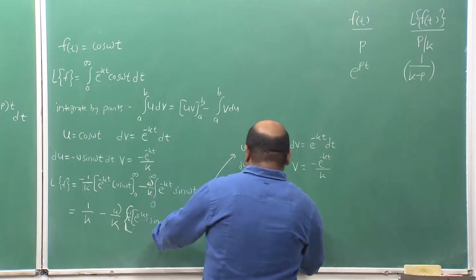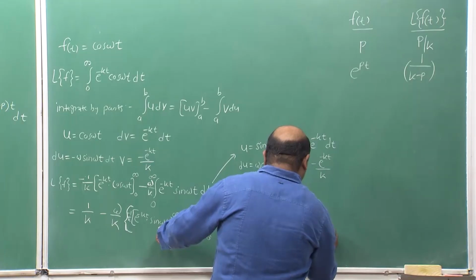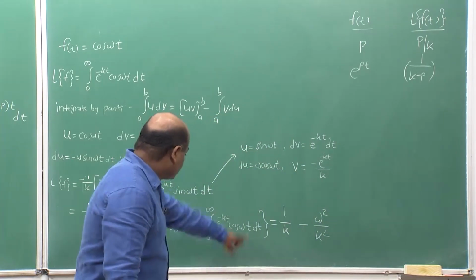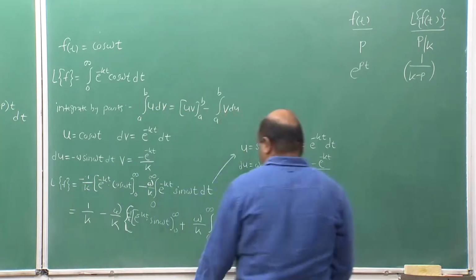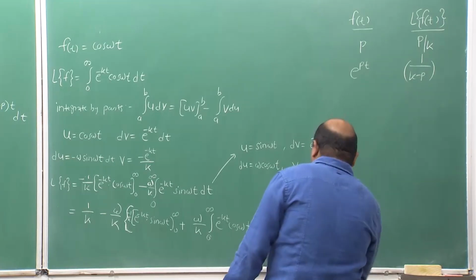So, this should be equal to minus omega square by k square, and this is again nothing but the Laplace transform of function f, L of f.